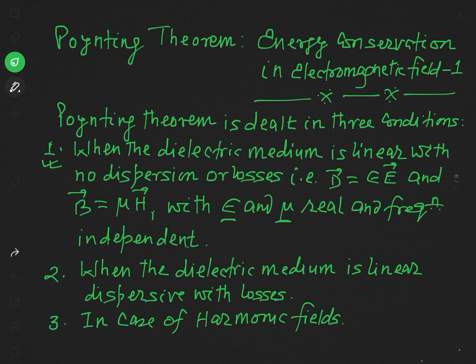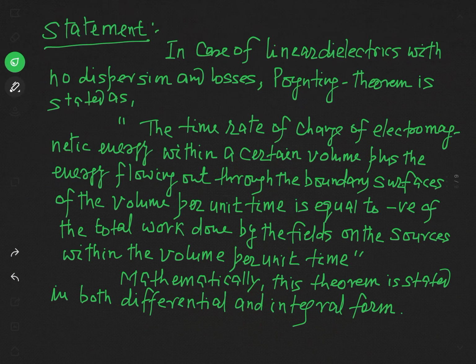And as it is a theorem, at first I would like to state the theorem, and after knowing that statement, we will actually prove or deduce this theorem, and after its deduction, we will interpret each and every term, and then you will see how this theorem actually is simply the statement of energy conservation in electromagnetic field. So first of all, I have written here for your convenience the statement of the theorem in case of linear dielectrics with no dispersion and losses.